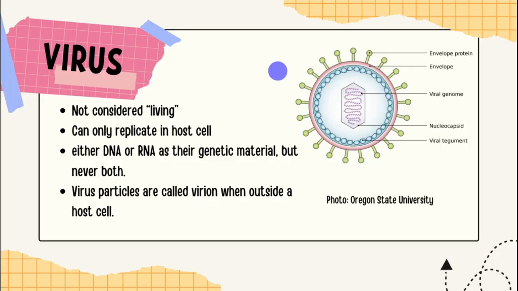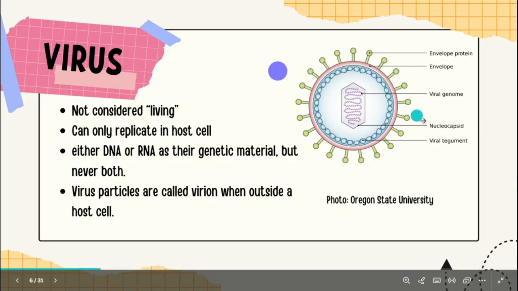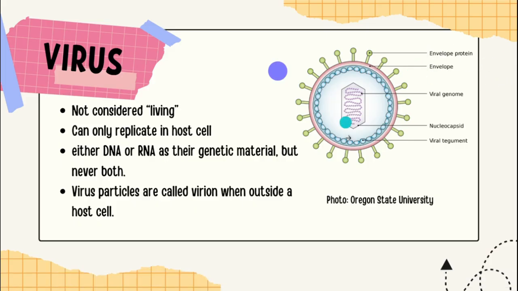But every organism, since they say viruses are not living unless they are in a host cell, the goal is to multiply. So if we're looking here, we see this protein envelope right here, and these are some spikes on our virus.